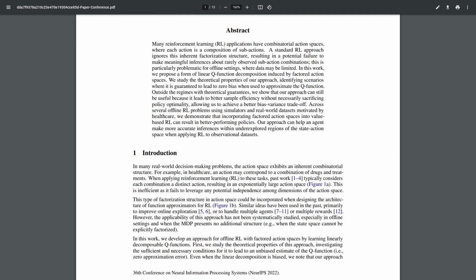Outside the regimes with theoretical guarantees, we show that our approach can still be useful because it leads to better sample efficiency without necessarily sacrificing policy optimality, allowing us to achieve a better bias variance trade-off. Across several offline RL problems, using simulators and real-world datasets motivated by healthcare, we demonstrate that incorporating factored action spaces into value-based RL can result in better performing policies.